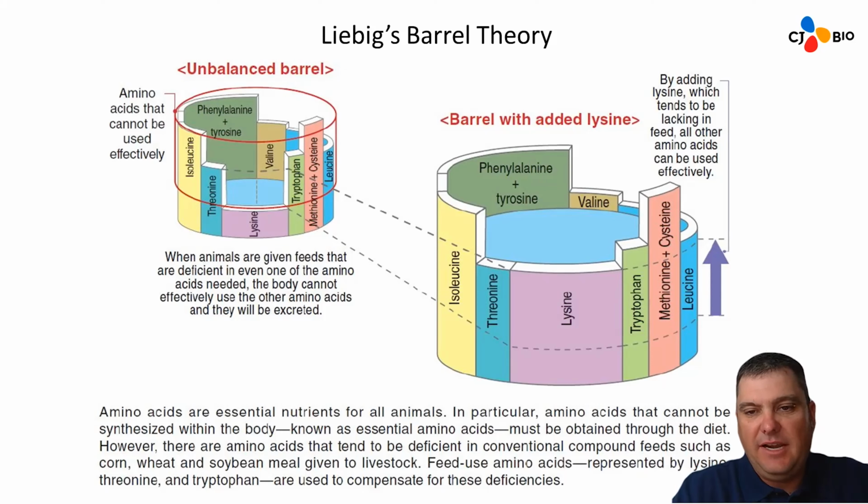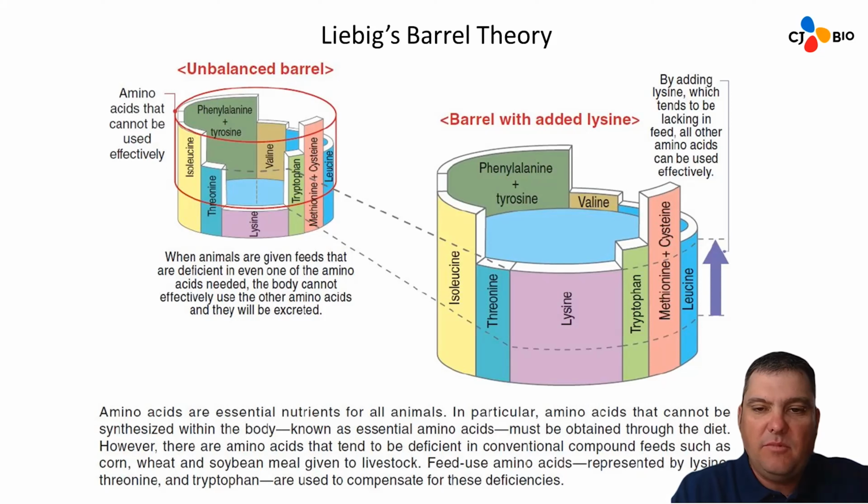As we add dietary L-lysine, a feed-grade amino acid, we increase the amount of lysine present in the diet. We're able to capitalize on a performance benefit associated with increasing the amino acid density of the diet.